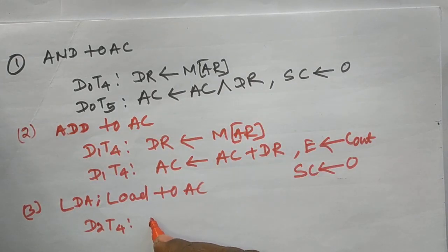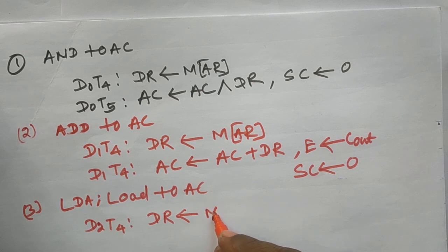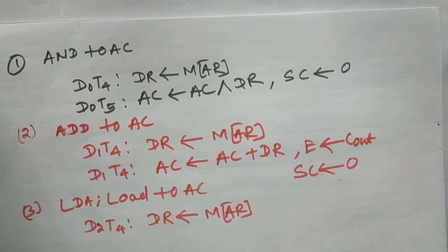So DR receives the memory register data. After that, you will see how it is transferred to AC. In that case another T slot is required.